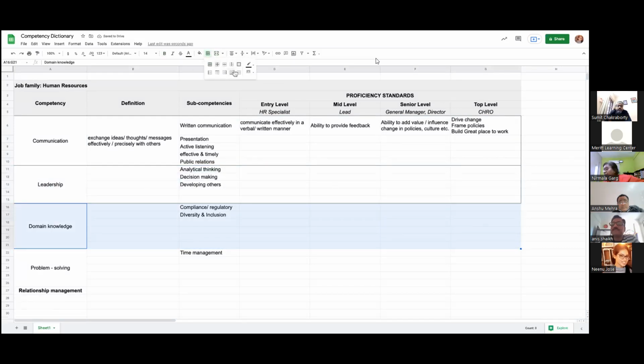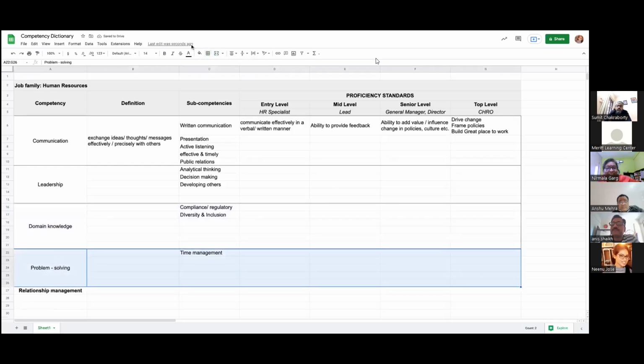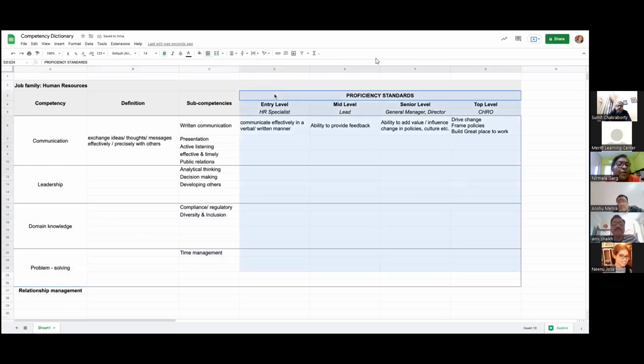See, typically I will tell you a nice secret of writing a dictionary of competencies. Say, for example, you are writing leadership capability. You said leadership is something important as a competency. You have also written analytical thinking, decision making, developing others.